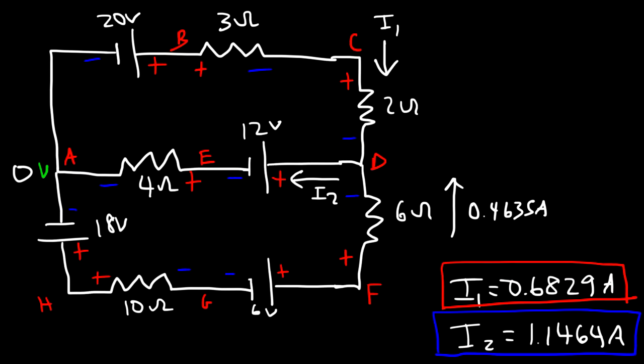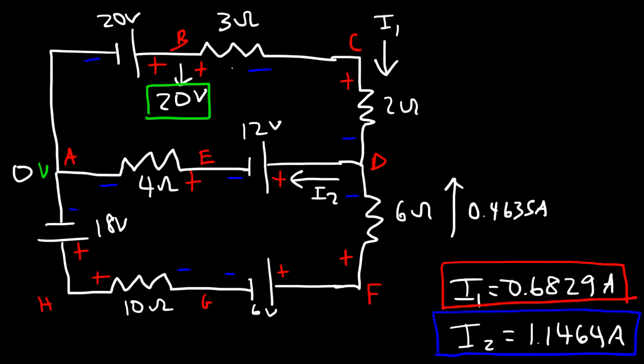Now let's calculate the potential everywhere. So let's go from A to B. As we travel from A to B, we're going from low potential to high potential. So that's going to be a voltage lift of 20 volts. So the potential at B is 20 volts, which I'm going to highlight in green. Now let's go from B to C. So I1 flows from positive to negative.